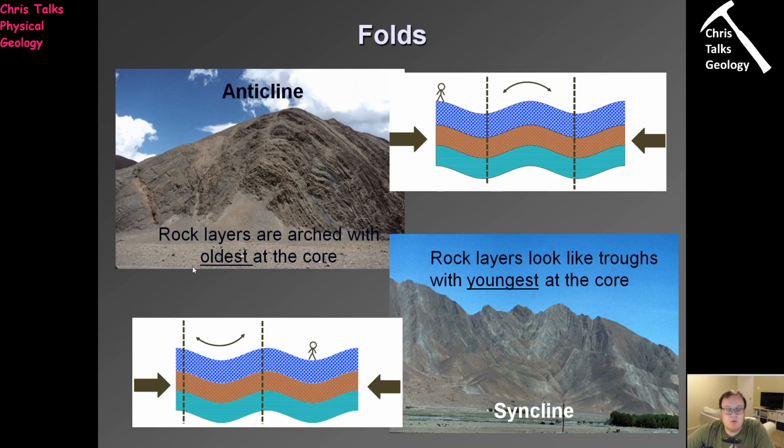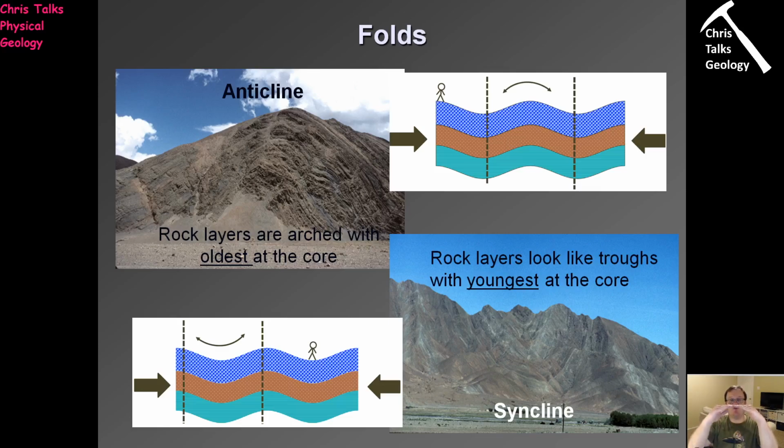Now, you're going to have to take my word for this one, but when it comes to anticlines and synclines, we need to think about where the oldest and youngest layers of rock are going to be located. So just imagine that the palm of my hand is the oldest layer of rock, and the back of my hand is the youngest layer of rock, okay? So I've got the youngest on top and the oldest on the bottom.